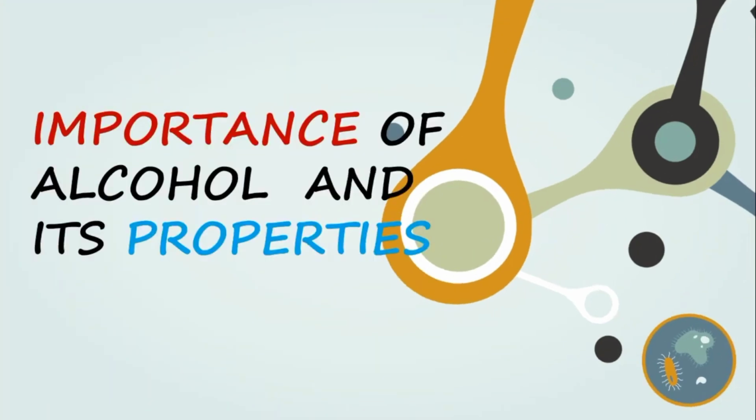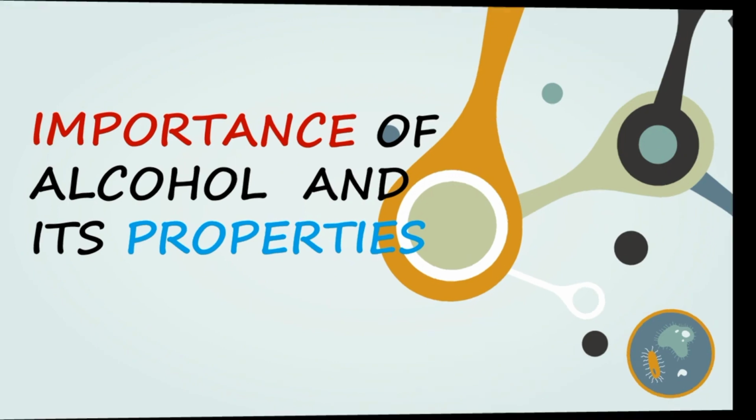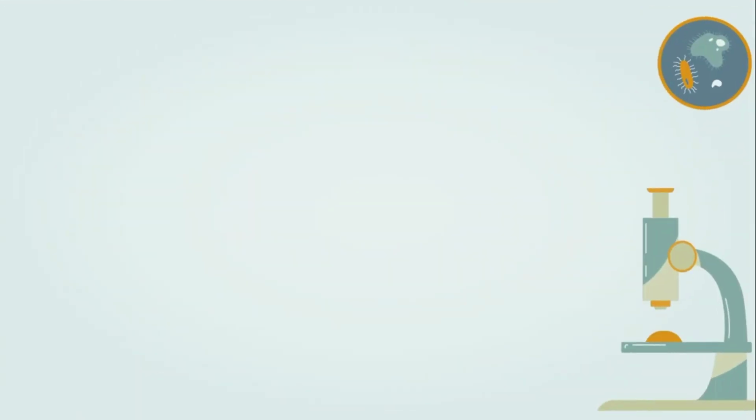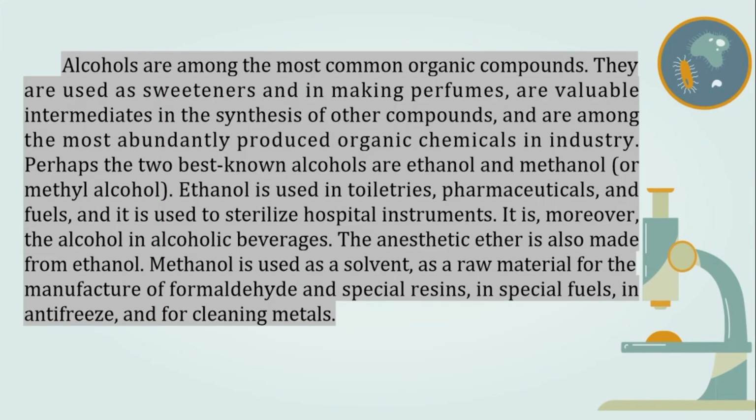And now let's proceed to the importance of alcohol and its properties. Alcohols are among the most common organic compounds. They are used as sweeteners and in making perfumes, are valuable intermediates in the synthesis of other compounds, and are among the most abundantly produced organic chemicals in industry.